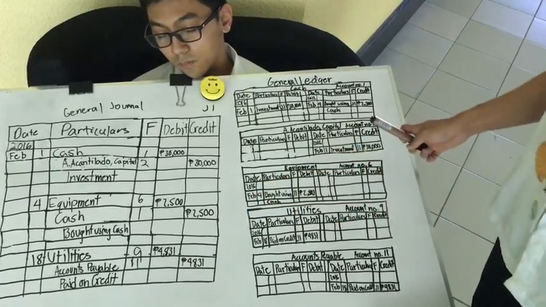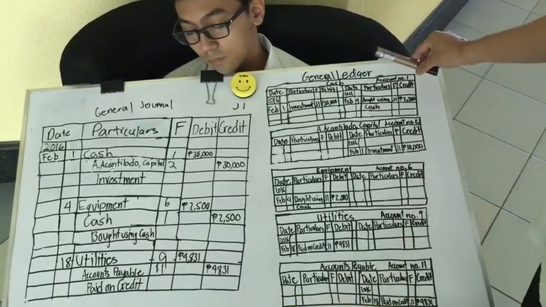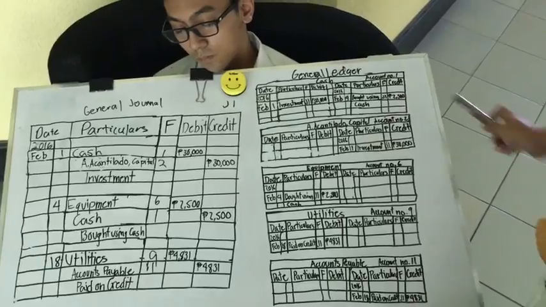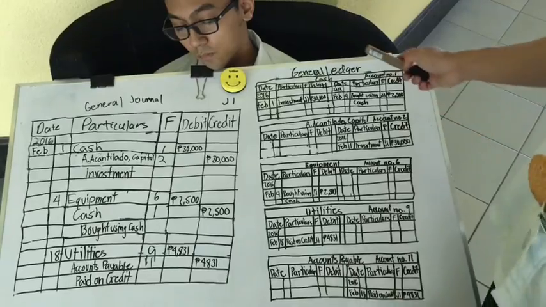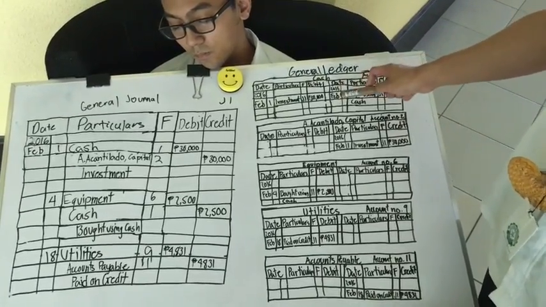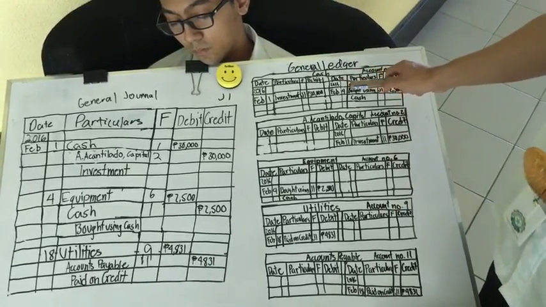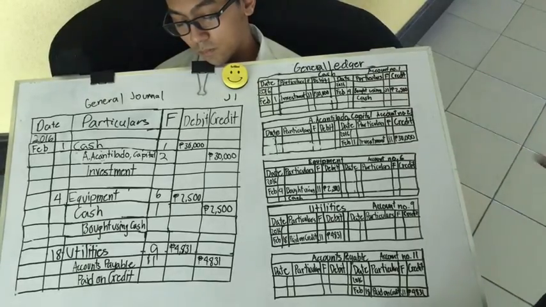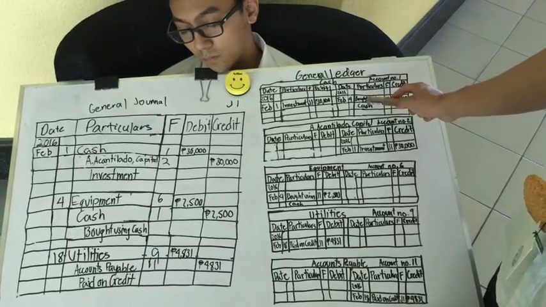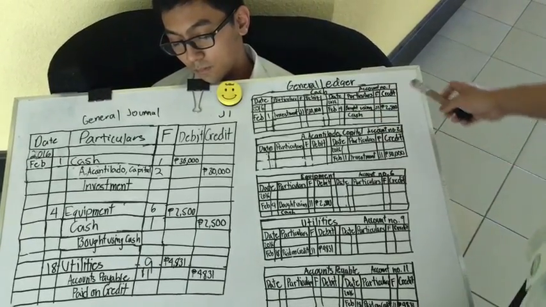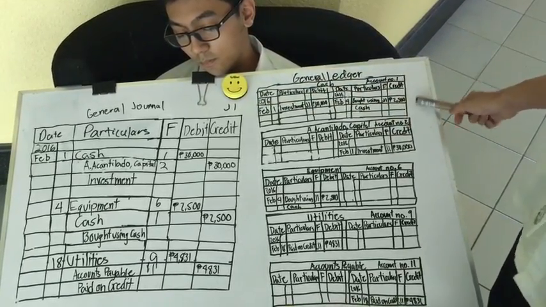Since the credit side of the ledger hasn't got anything written on it, we start right from the top, which is the year, the month, and then the date of the transaction. So we put 2016, February, and then 4, which is the date of the transaction, and then the reason, which is the particular, bought using cash. And then the folio for the ledger, which is J1 since the journal is page 1, and then the amount credited.